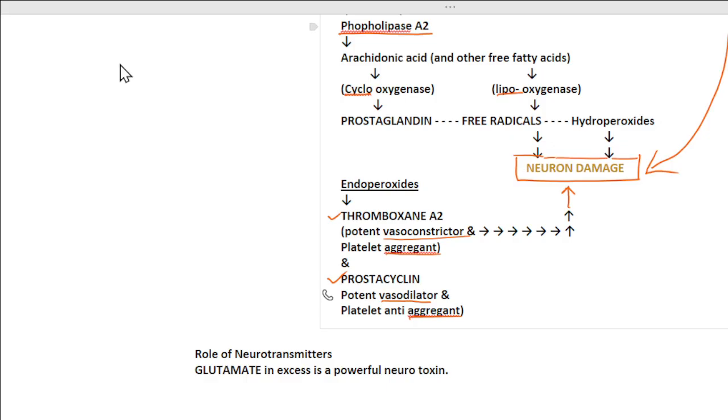I wanted to write the amino acid, but I wrote the enzyme. Sorry, I'm getting confused between both.